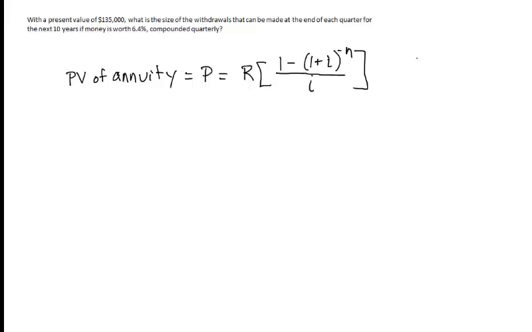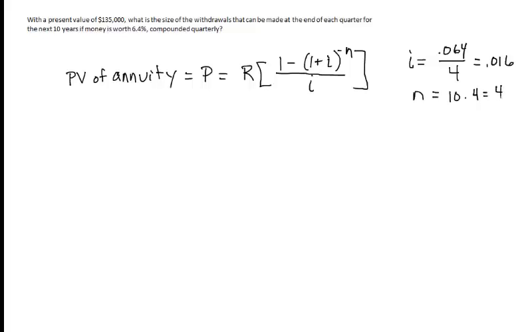So again, let's write out everything that we know. We know that I is equal to R, 0.064, divided by M, which is 4 because we're compounding quarterly again, which comes out to 0.016. N is the years, which is 10, times our compound, which is quarterly, 4.